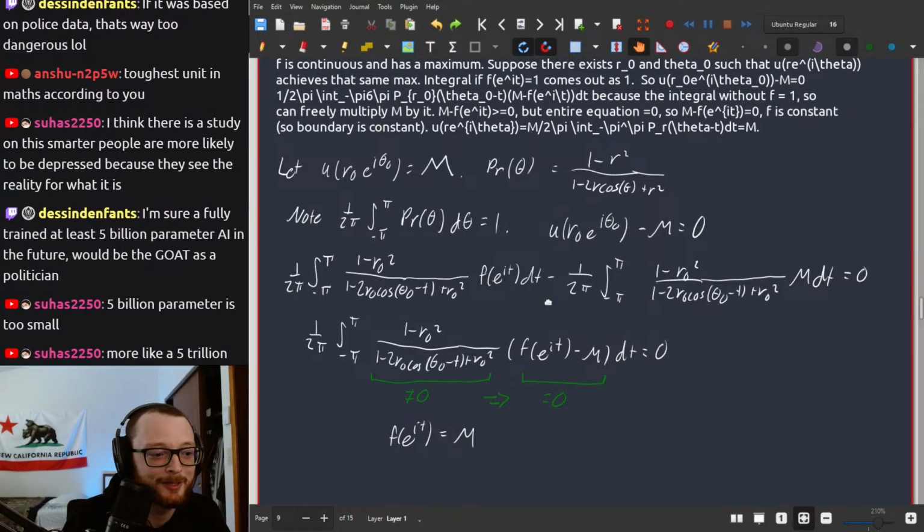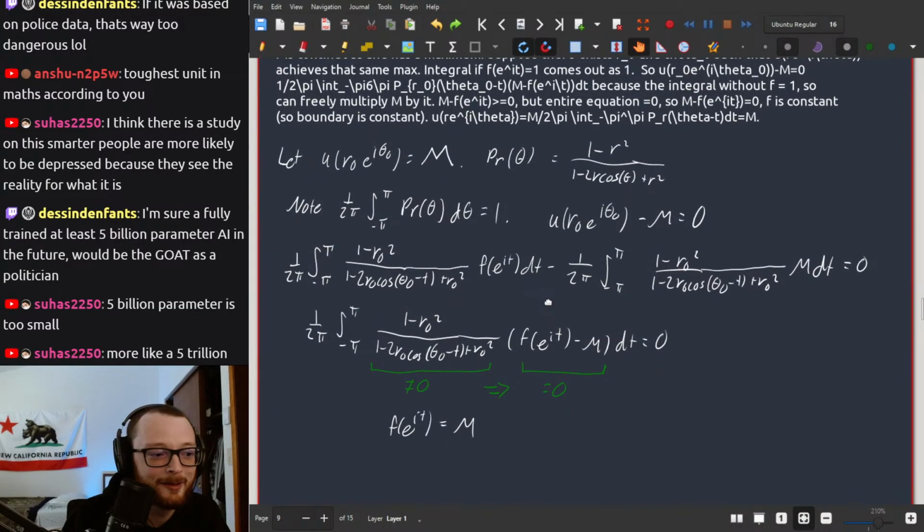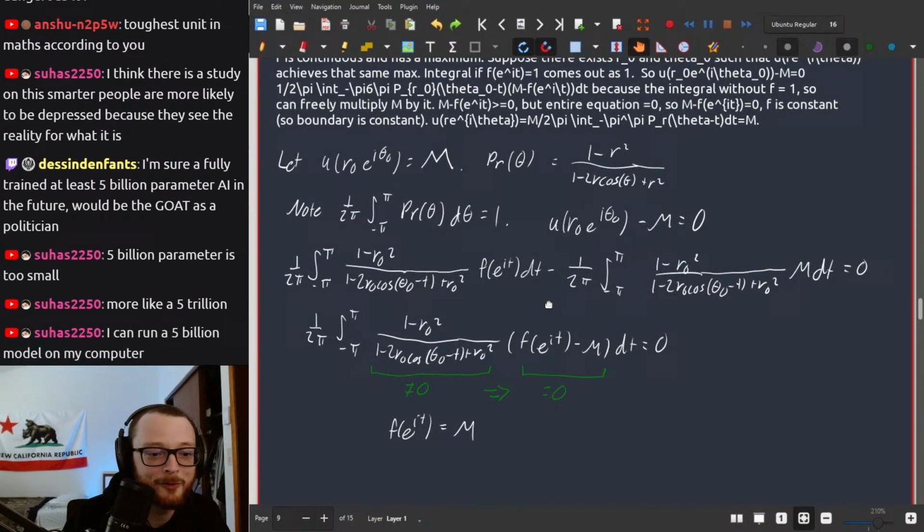We're like 5 trillion. Yeah, how many parameters do you need to be an AI president? 5 trillion is probably reasonable. I can run a 5 billion model on my computer. Wow, that's crazy.